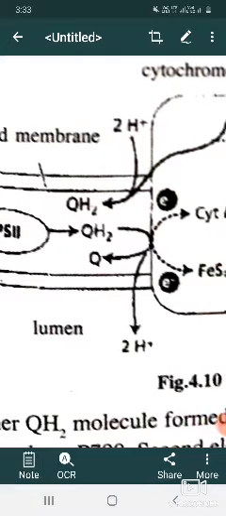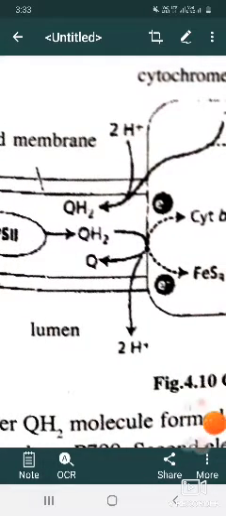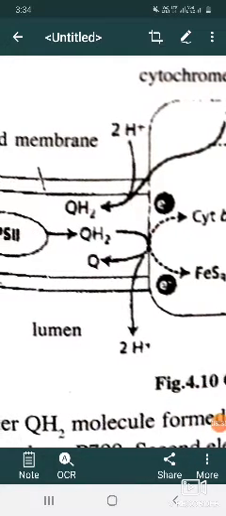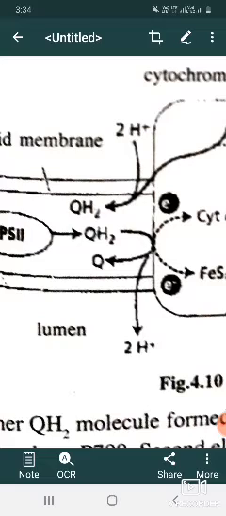Sometimes, if only long wavelength red light is available, PS1 only will be activated. Under such conditions, ATP synthesis takes place without NADPH formation.